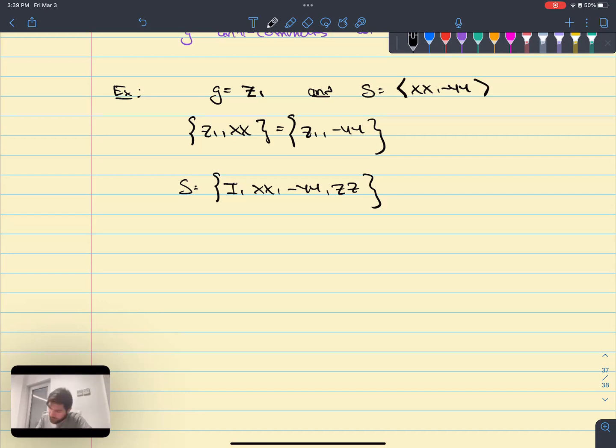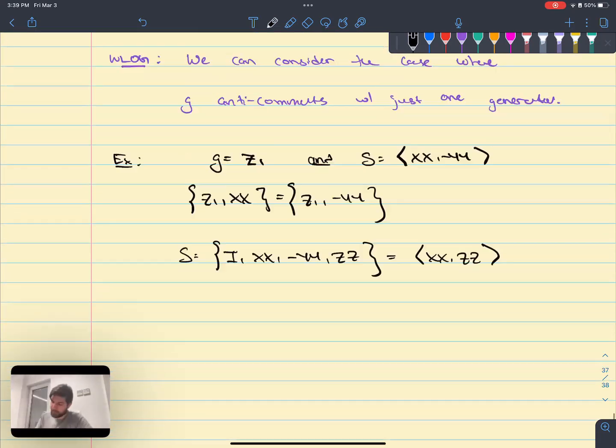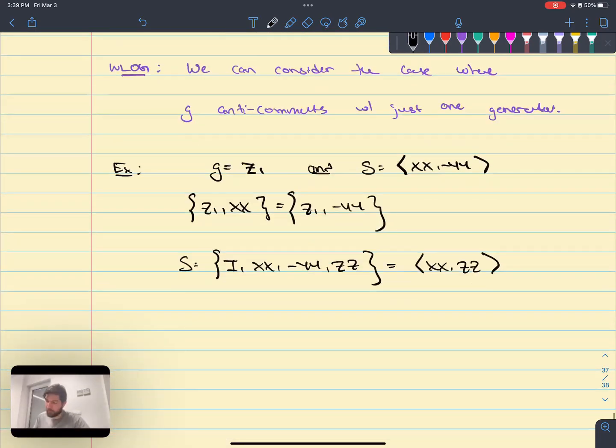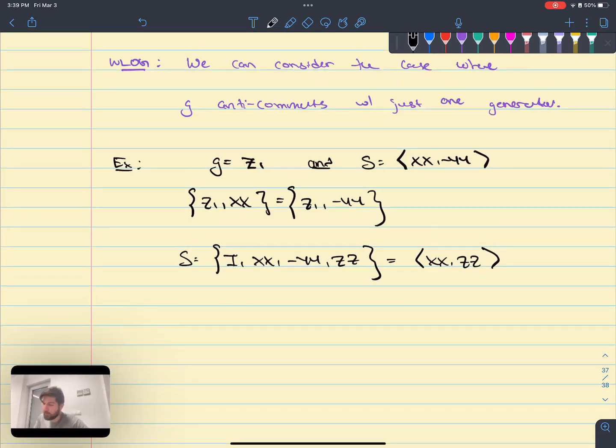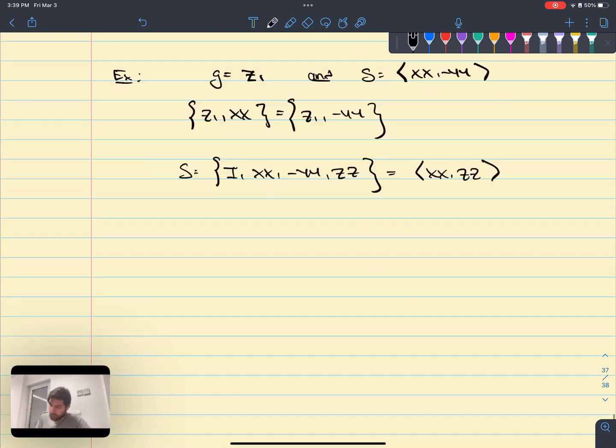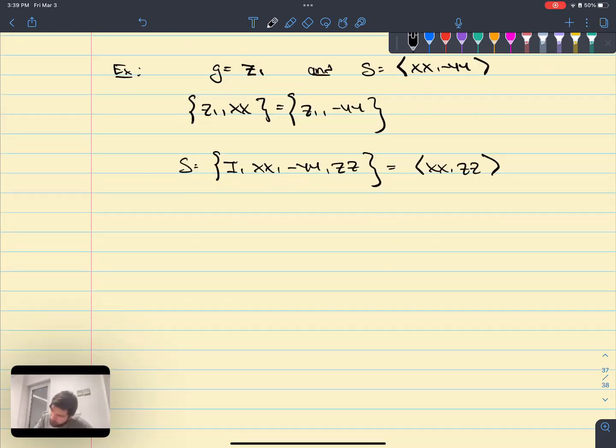So in this case, you could rewrite the generators as XX and ZZ, and clearly ZZ will commute with Z1. This is a more general pattern, and you can always do this. So without loss of generality, you can just consider the case where G anti-commutes with just one generator. Then you can essentially do the following trick.